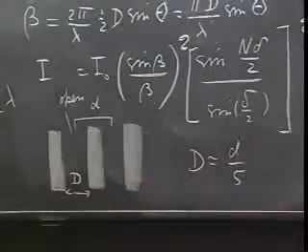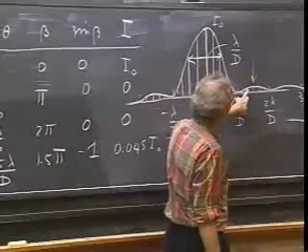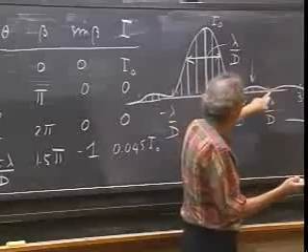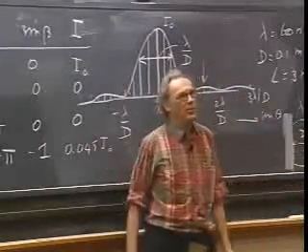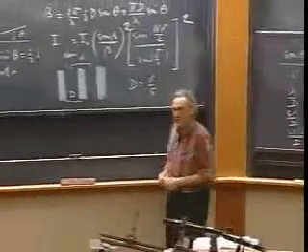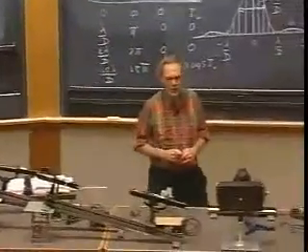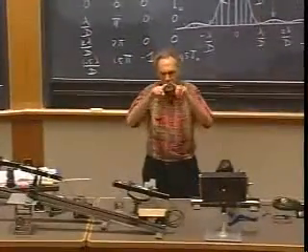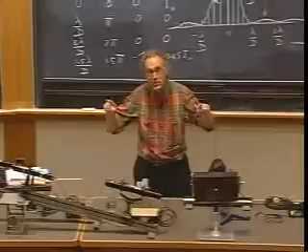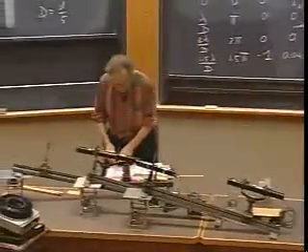So you would see zero order, 1, 2, 3, 4, and 5 would be killed here, and then they would build up a little again, and then ultimately, of course, they would all peter out. And so if I show you a spectrum of a grating, you can roughly estimate what the ratio capital D over little d is by seeing that modulation pattern. And so that's what I want you to see now.